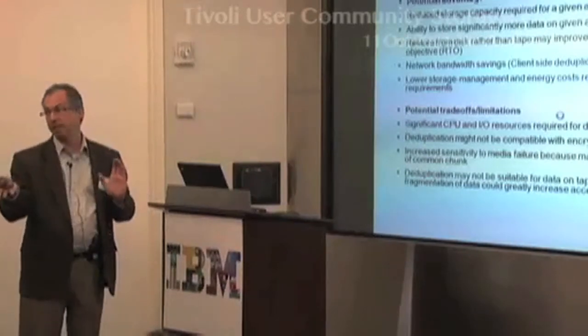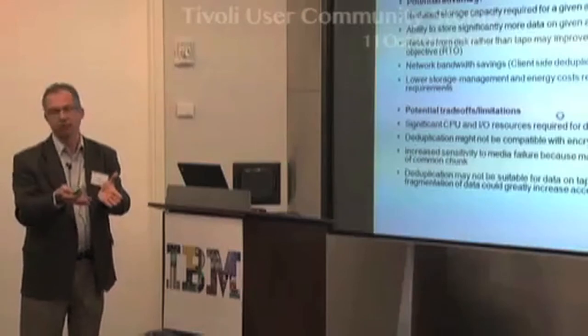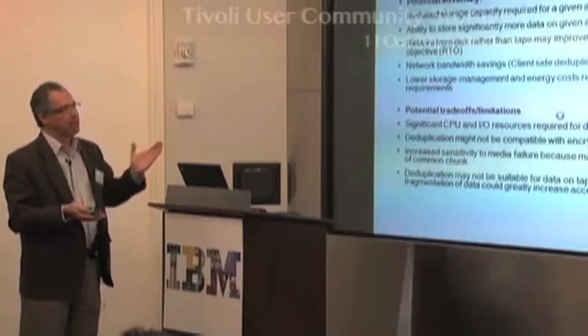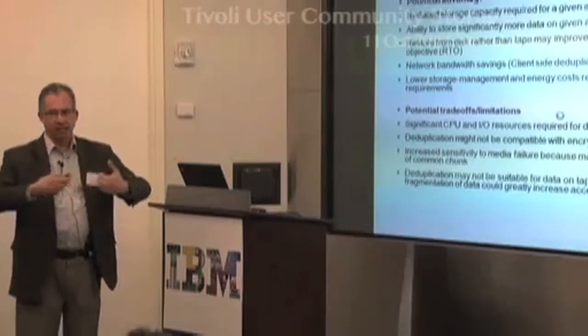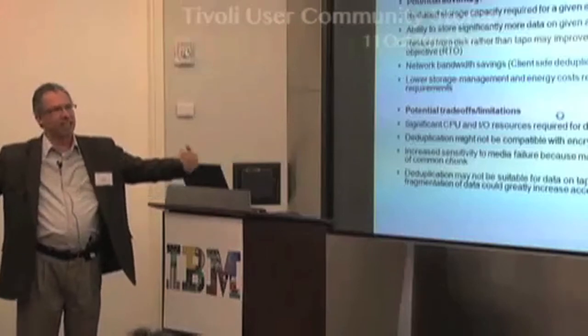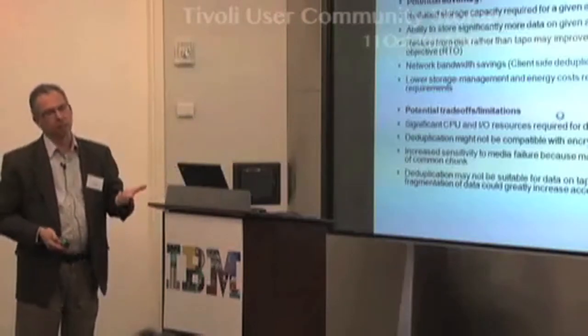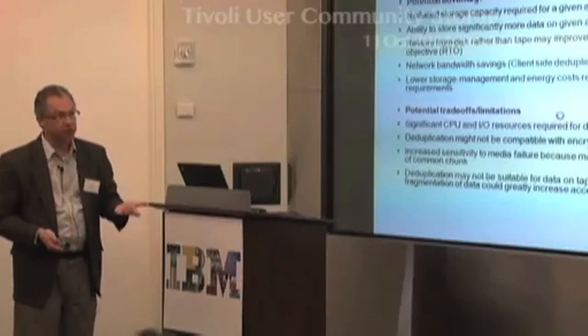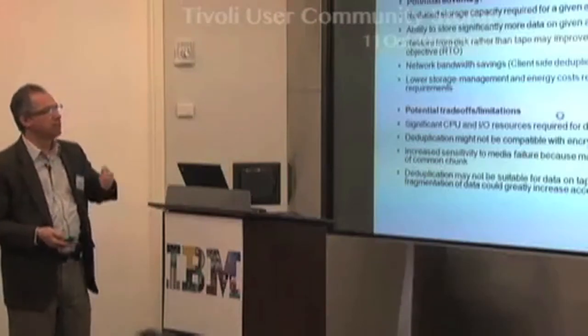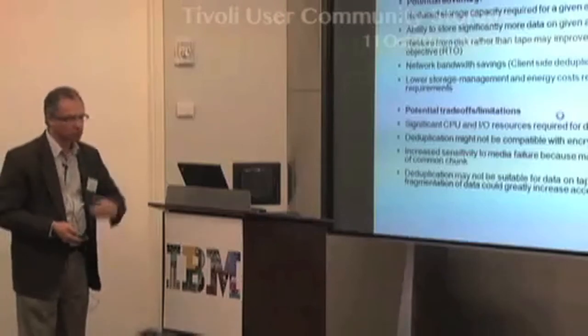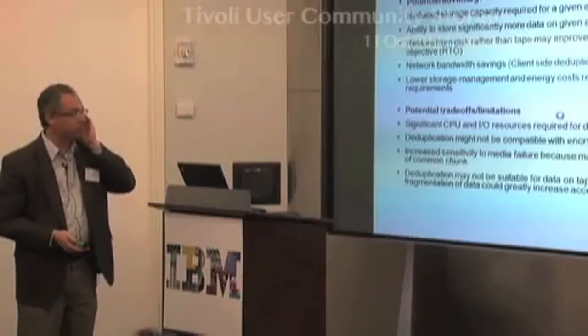A lot of it had to do with how many engines you had in your server too. But now when you think about it, the clients are doing the heavy lifting, right? They are the ones that are chunking up the files, creating the hash signature, and then of course communicating with the TSM server.